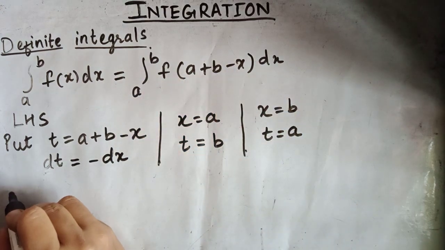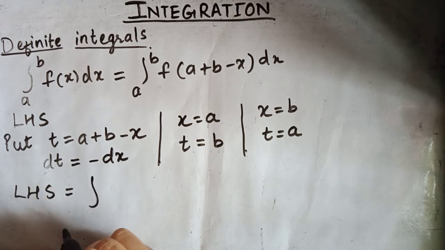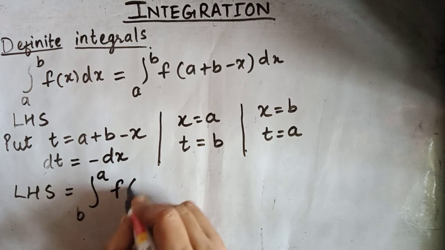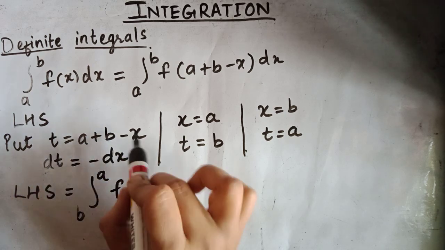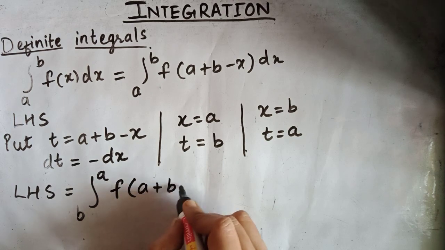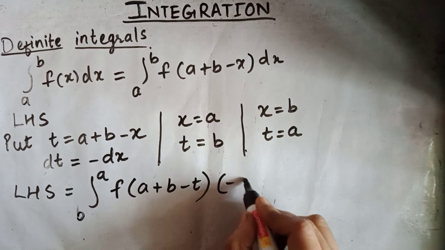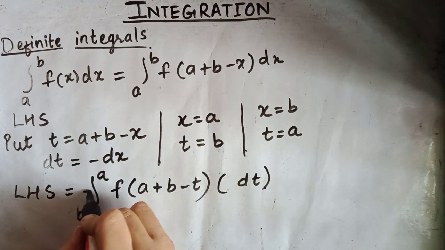Okay, so LHS becomes integral b to a f of, in place of x we are writing this term, that is a plus b minus t. Okay, and dx becomes minus dt. Okay, you can take this minus sign outside.